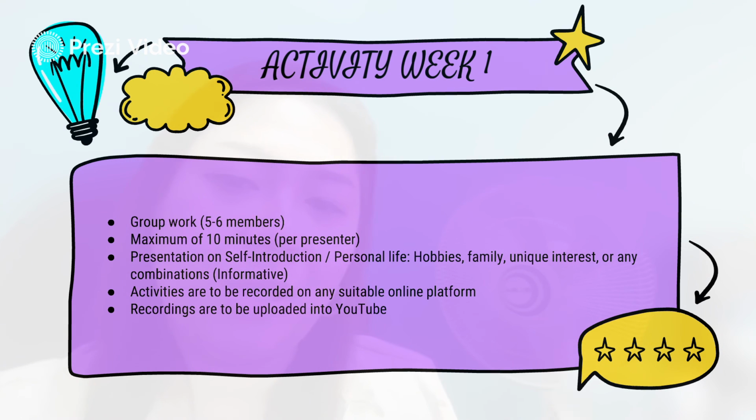The first topic is going to be your name, where you are from, and then you go to hobbies, and then the third one is family, and then the next ideas would be unique interests and any combination. Maybe you would like to add about your girlfriend, I'm not sure. Maybe you would like to add about your pet, depending on your preferences.